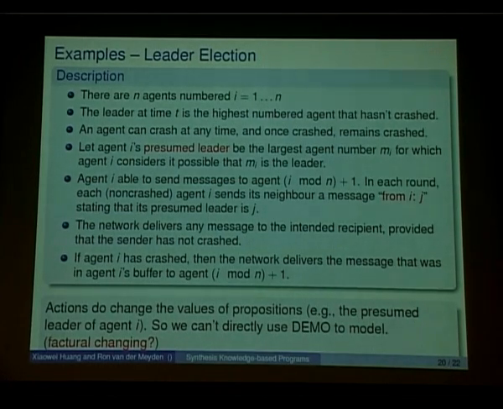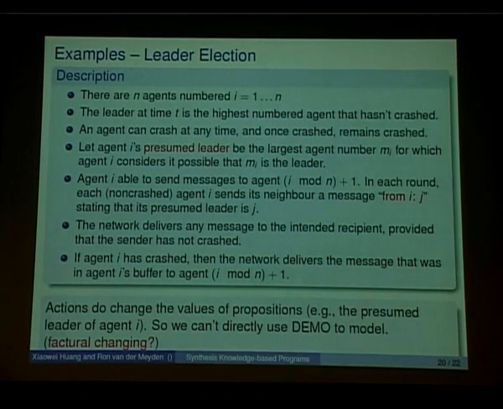Every agent can crash, and if it crashes, it will remain crashed. But every agent keeps a private variable saying what the presumed leader is from its point of view, and we assume that the agent can broadcast this belief as a message to its next agent.